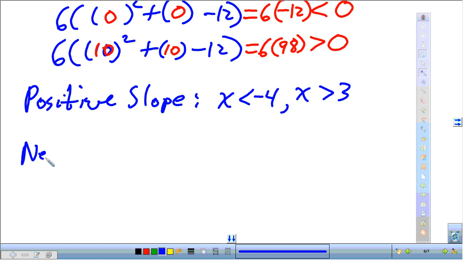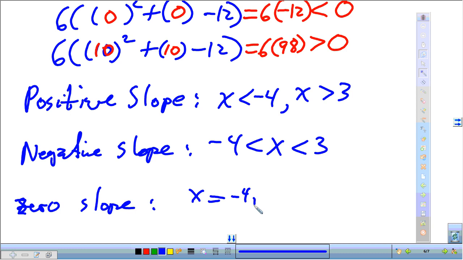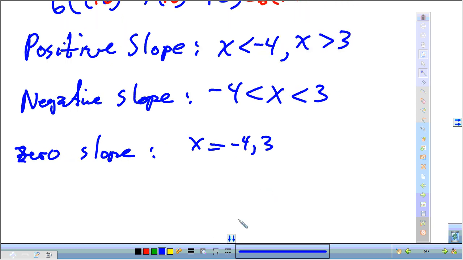I get negative slope where my test value was negative. That was the interval between minus 4 and 3. And then I get 0 slope, or horizontal, at those two particular values of the derivative being exactly 0, so the minus 4 and the 3.